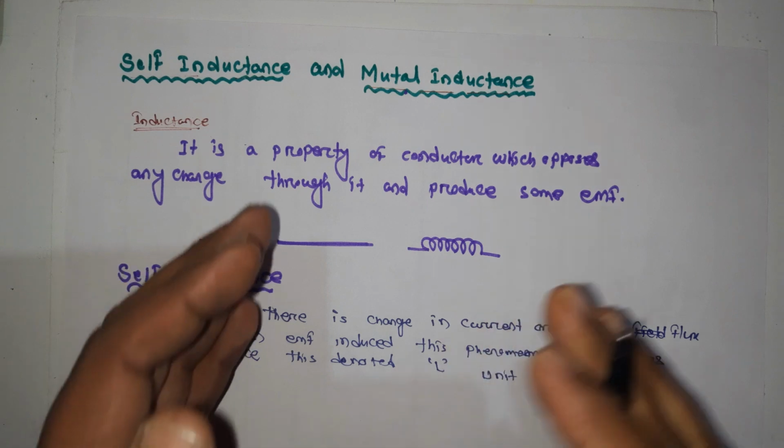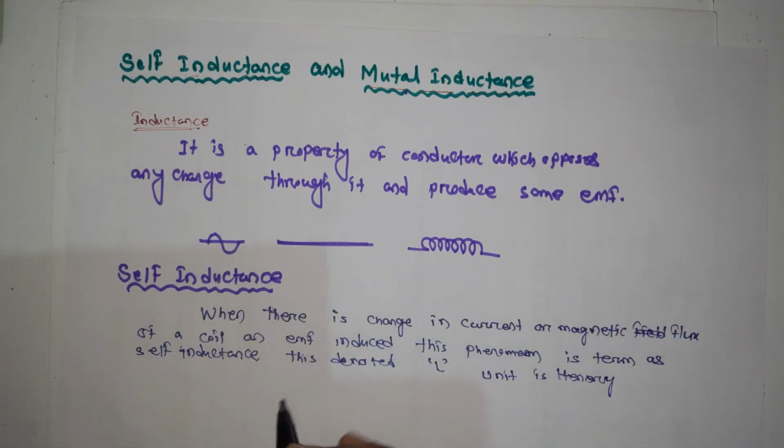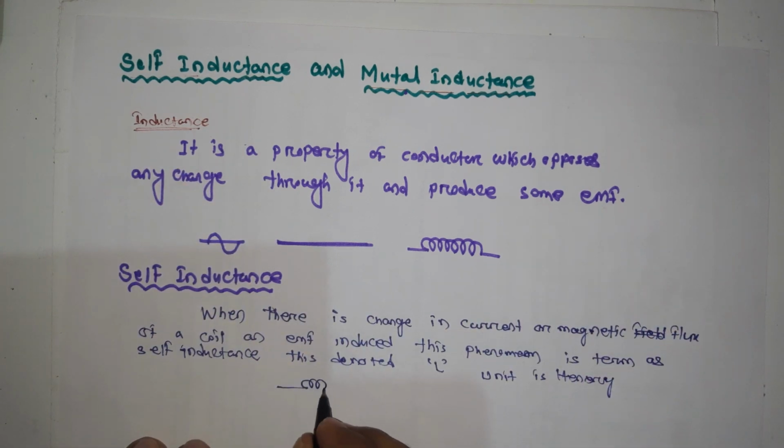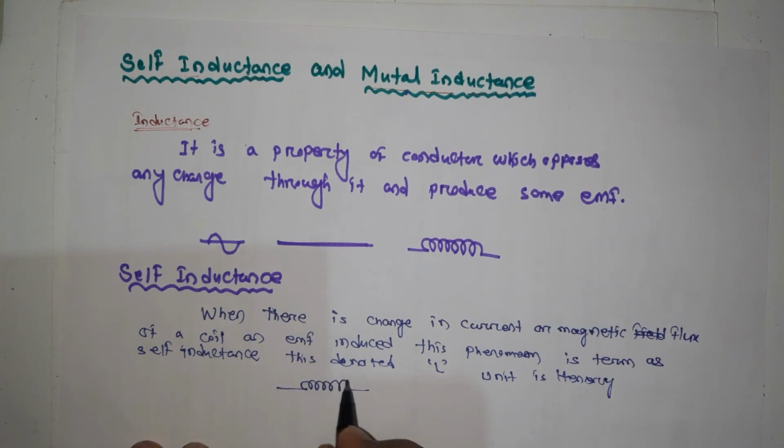If we apply a change in current in a conductor, say this is a coil having inductance L, and I apply a current I that changes in nature, then it has some e.m.f. This e.m.f produced depends upon the value of inductance.